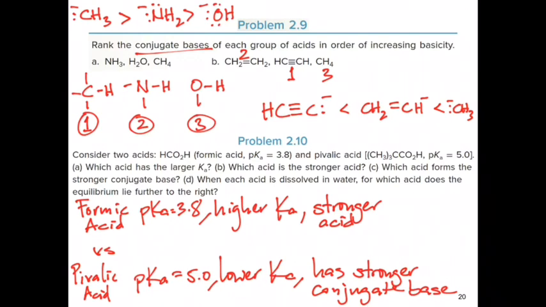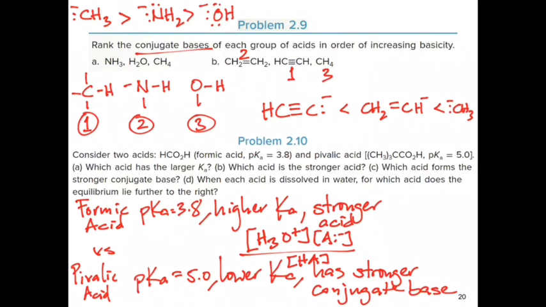And so when it comes to acids, you're generating a higher concentration of the hydronium ion, H3O+. And so if you're generating a lot more H3O+, then you're also generating a lot more conjugate base and less of the acid because you're converting the acid into hydronium ion.